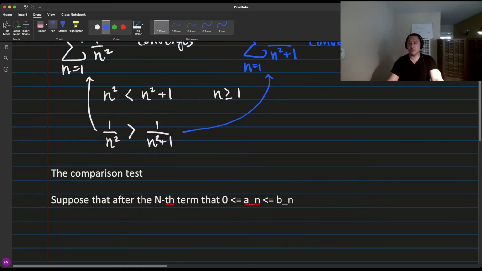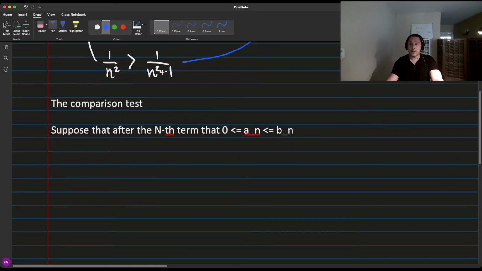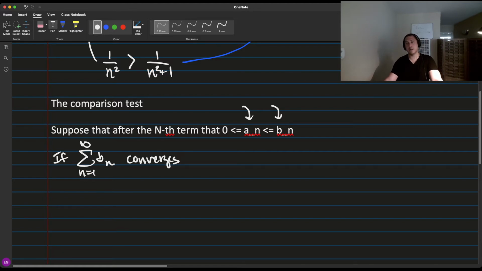So we're saying that this sequence bn is always bigger, the terms are always bigger than the sequence an. Now, if the series with the bn terms converges, then so does the series with the an terms.